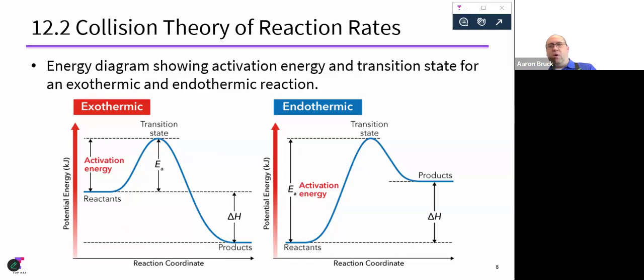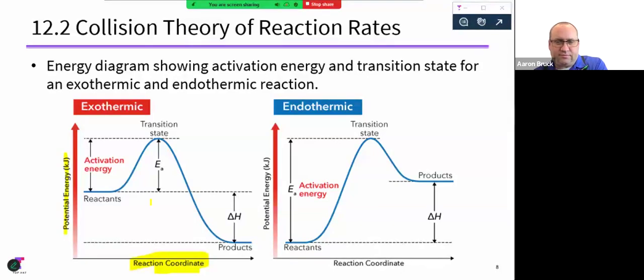So one way that we can show activation energy and put it in context of some other concepts that we've seen, these are called reaction coordinate diagrams. These are energy diagrams. And so we can see that in these graphs, we have energy on the y-axis, and we have the reaction progress on the x-axis here.